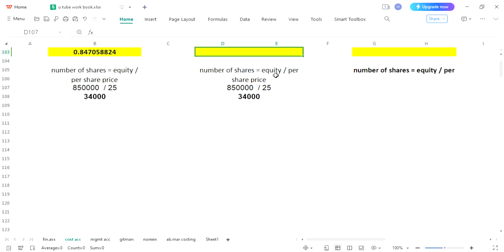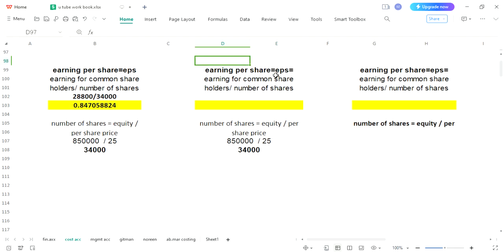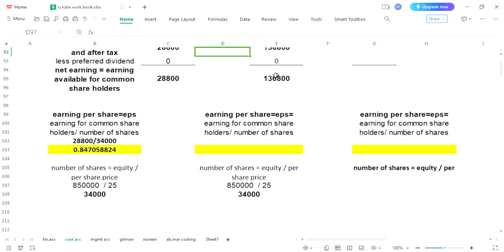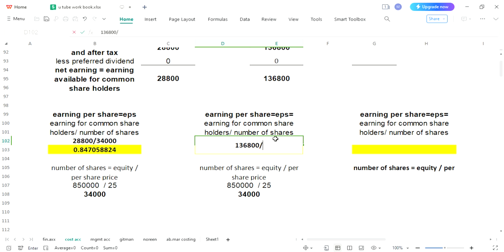We are now open to calculate our earning per share, for which what you will do, earning for common shareholder is available over here, 136,800, and you will divide it with number of shares 34,000.